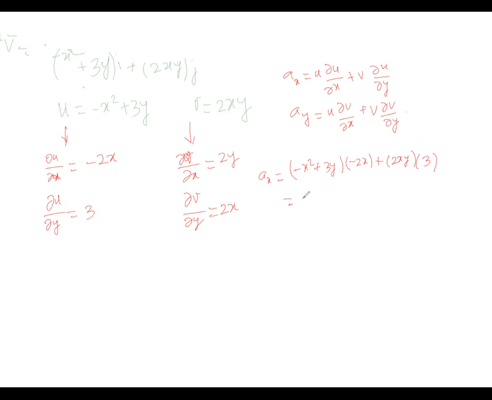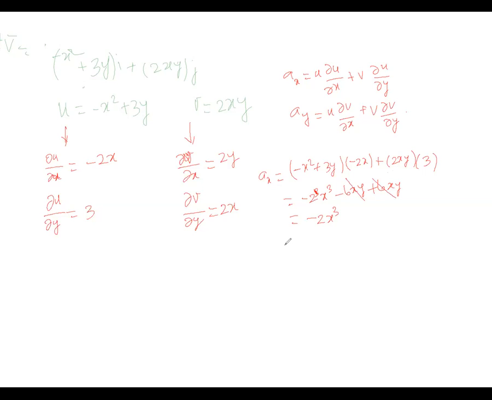So that's given by 2x³ − 6xy + 6xy. The 6xy terms cancel, so the final value is 2x³.